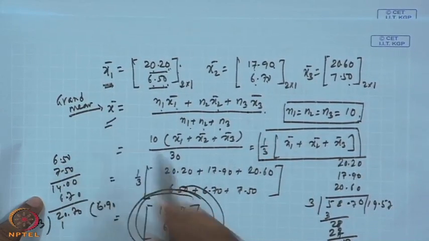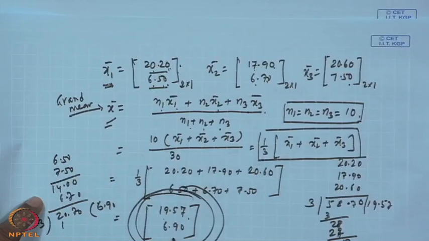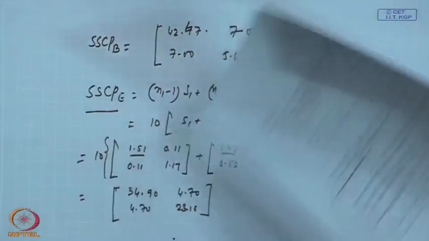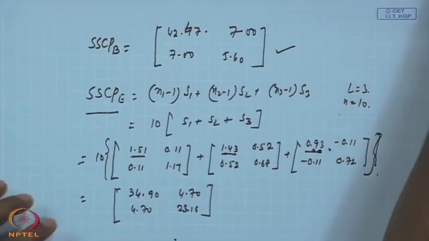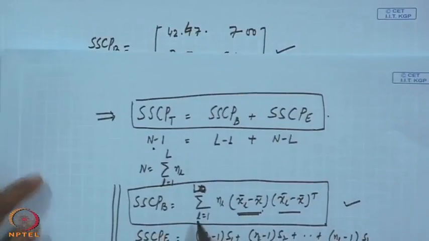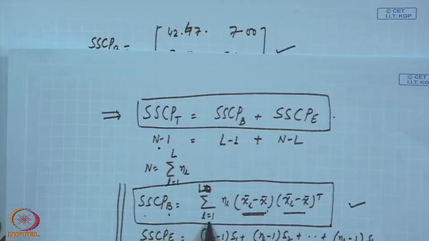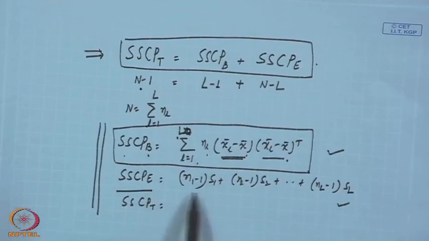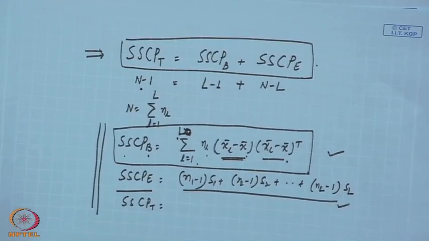So, our grand mean is 19.57 and 6.90, and then we computed SSCP B using this formulation. SSCP B is the sum over L equal to 1 to capital L of nL into this, and SSCP E is this value.